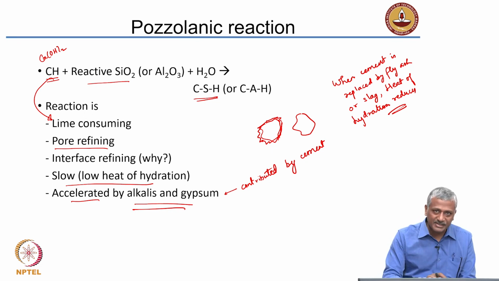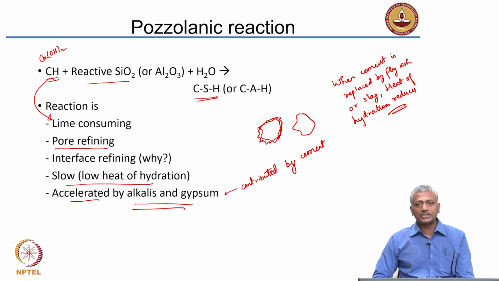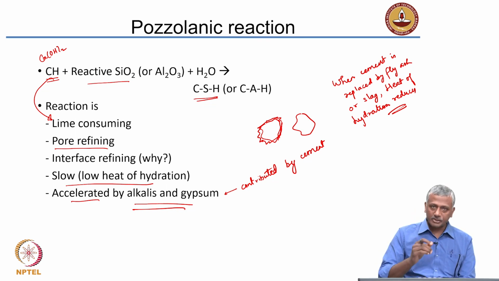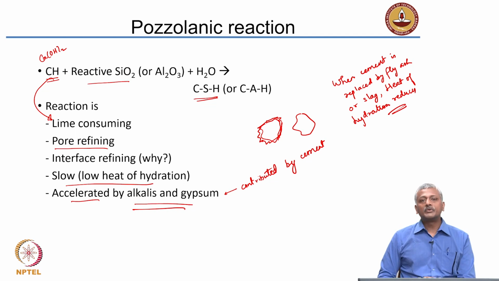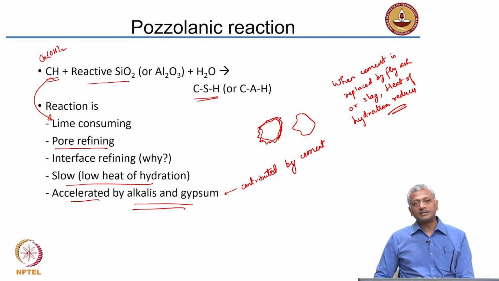So all these components are still present to accelerate the reaction of the pozzolanic material. Nevertheless, the reaction of the pozzolan is much slower as compared to cement, which leads to much better durability in the long term, and at the same time reduces the heat of hydration in the early stages.